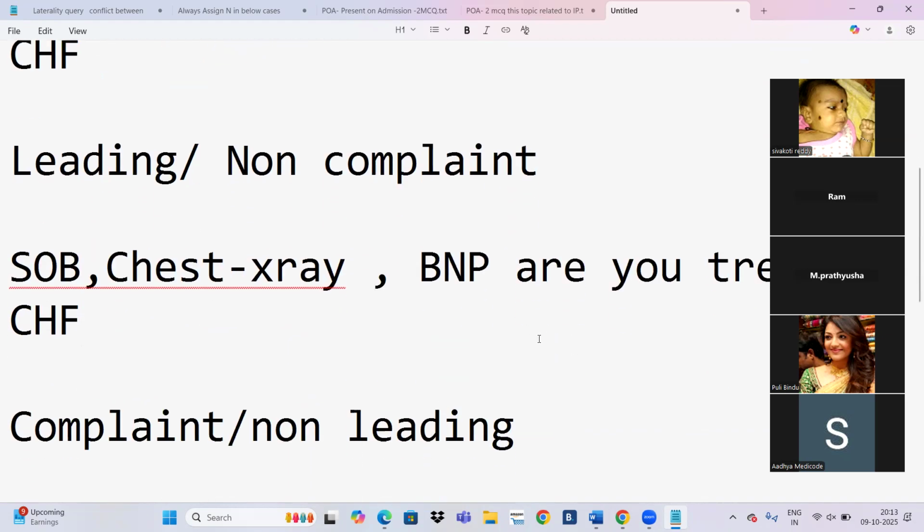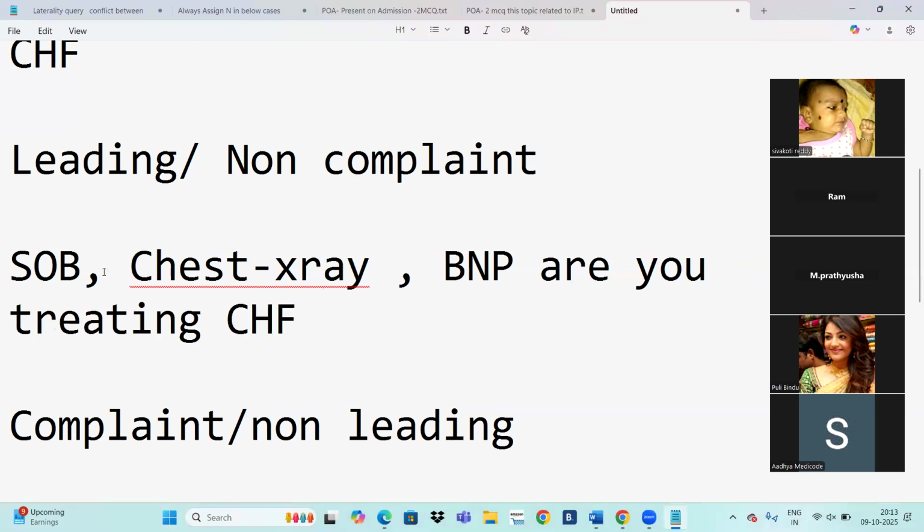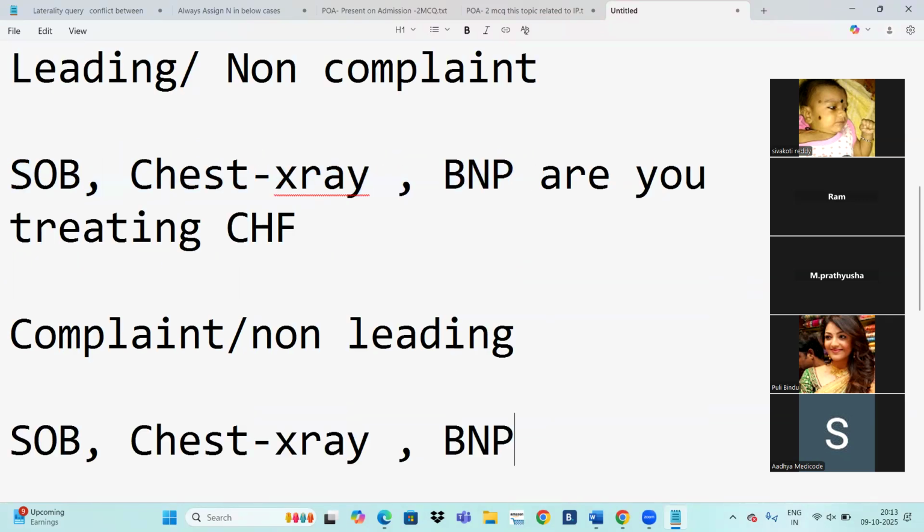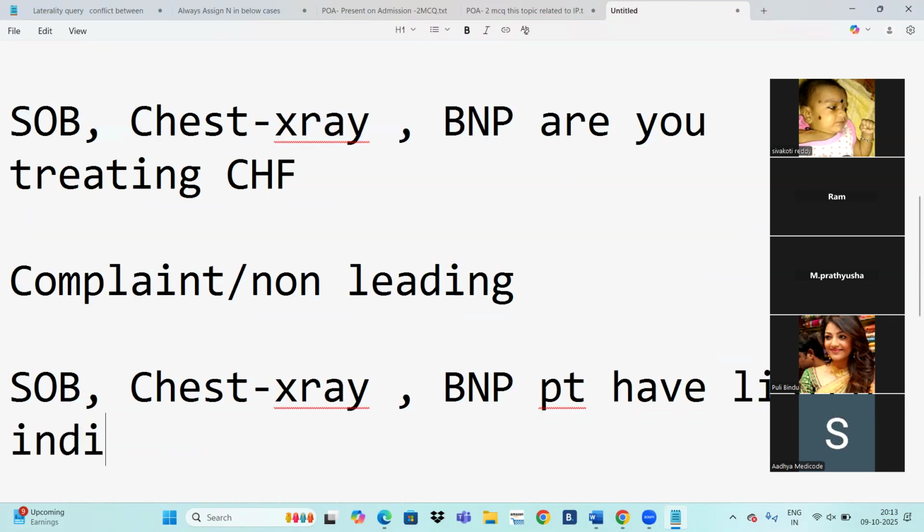But with the same indicators, how do we raise the query for the compliant or non-leading version? The patient has the same indicators. Suppose we don't know which diagnosis these indicators support. How do we need to raise it? The patient has the listed indicators.